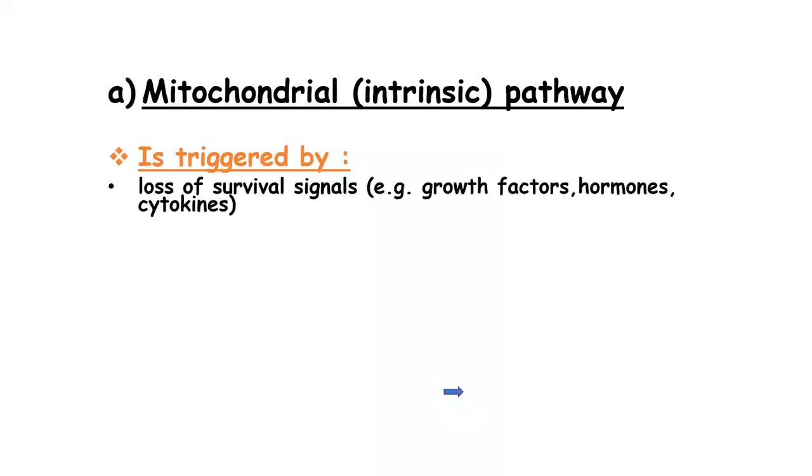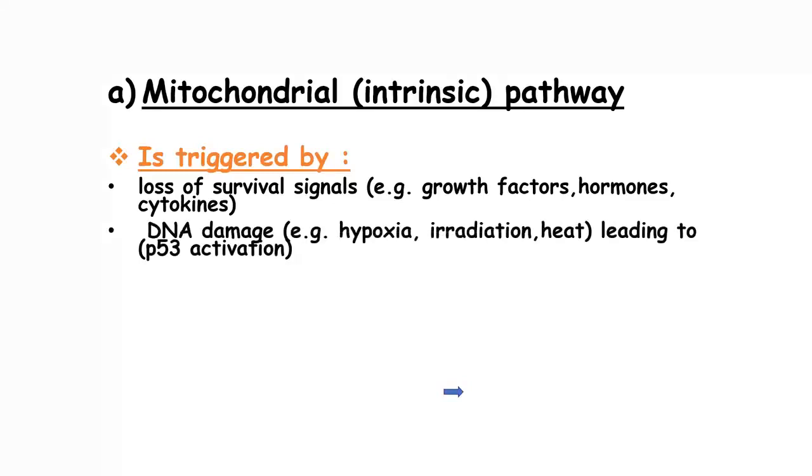Again, here is the text of what we have seen in the previous figure. The mitochondrial or intrinsic pathway is triggered by loss of survival signals of the cell, DNA damage beyond repair leading to p53 activation, and this will start, as we said, repair, and if it is not possible, it pushes the cell into apoptosis.